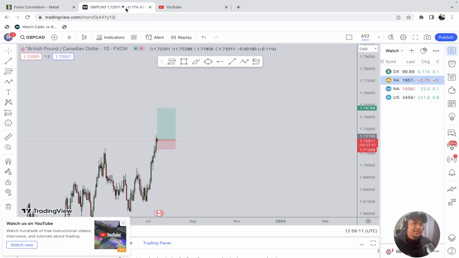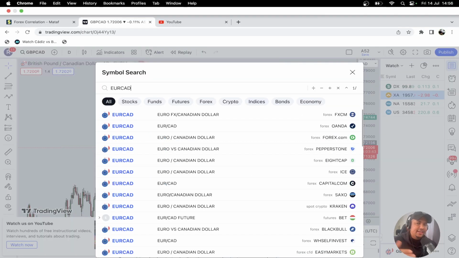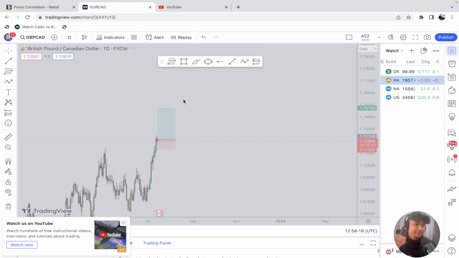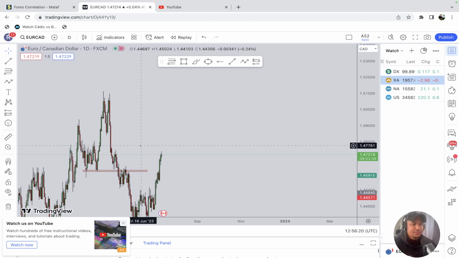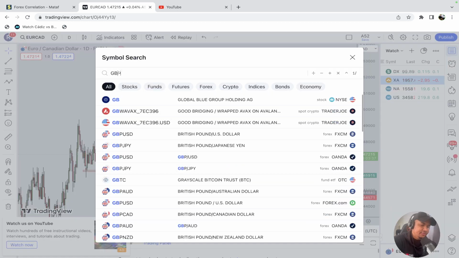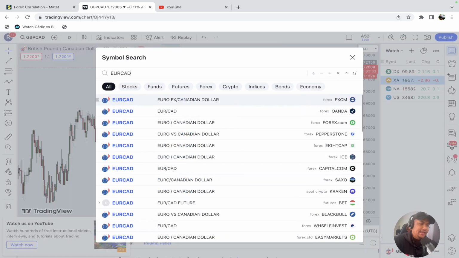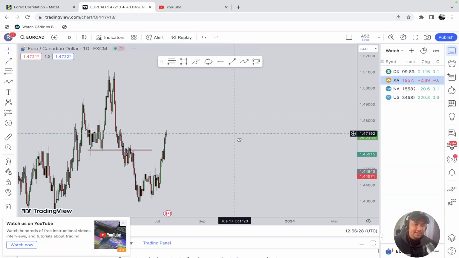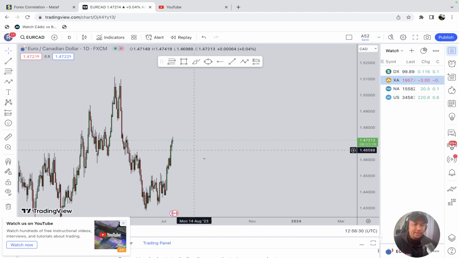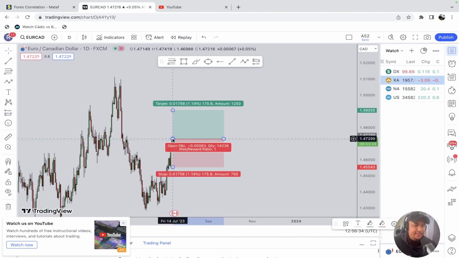Now there are two ways to look at this. Let's not say why you cannot do this, but why you should be careful when you do this. Let's assume you can see here the price of GBP CAD firstly has been very bullish, and now because of the high correlation, the price of Euro CAD has also gone up. He says buy this one here as well.